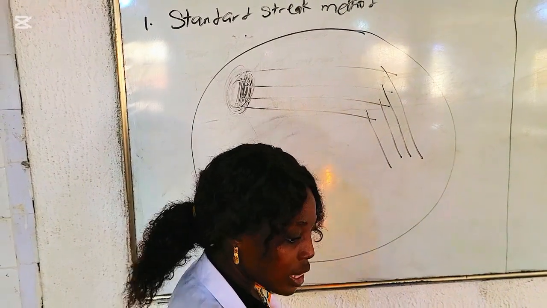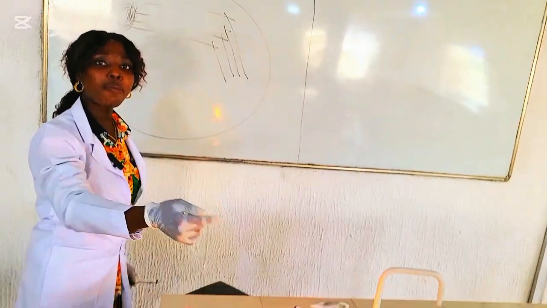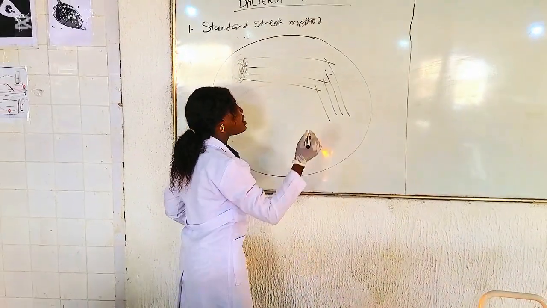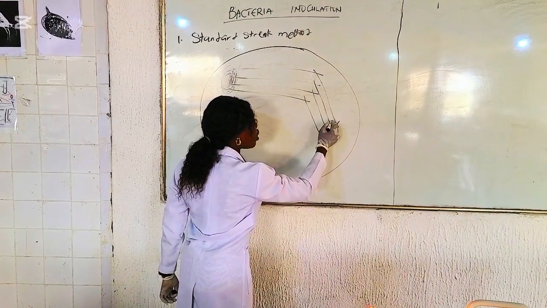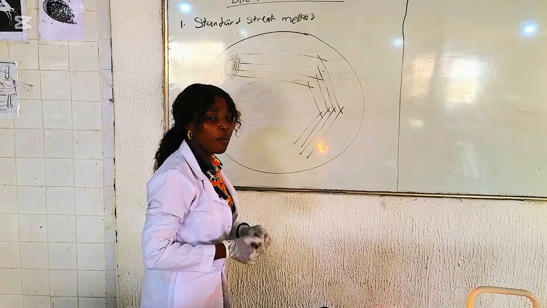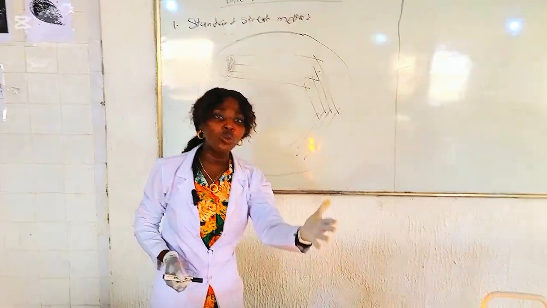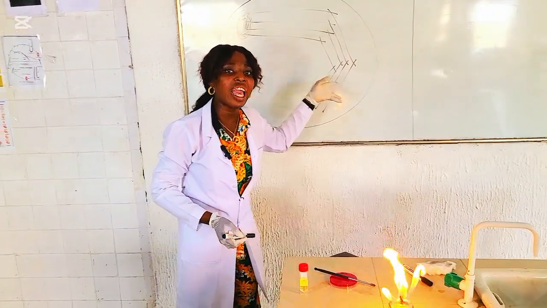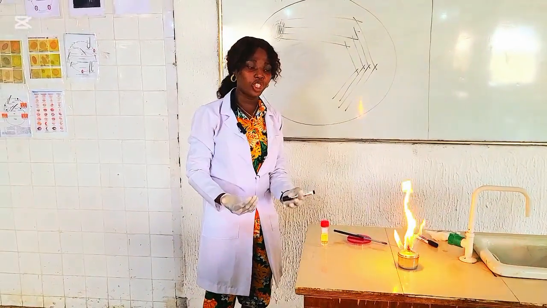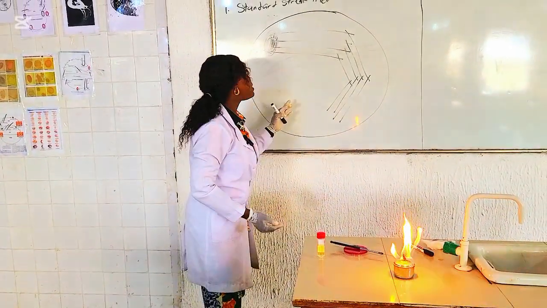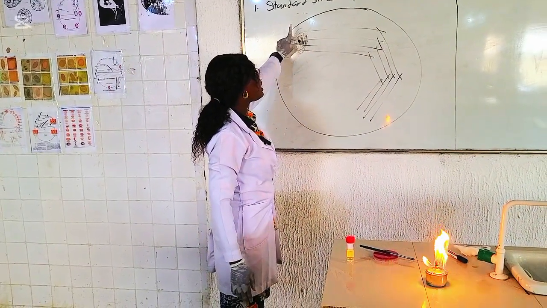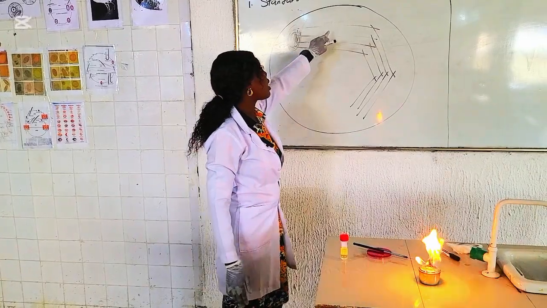This is it. Then you flame again. Once you have flamed your wire loop again, allow it to cool. You streak again from the distal end of the previous streak. The aim of flaming, cooling, and then streaking from the distal end of the previous streak is to reduce the bacterial population, because if you observe very well, the population of microorganisms that will be here will be more than the ones here.